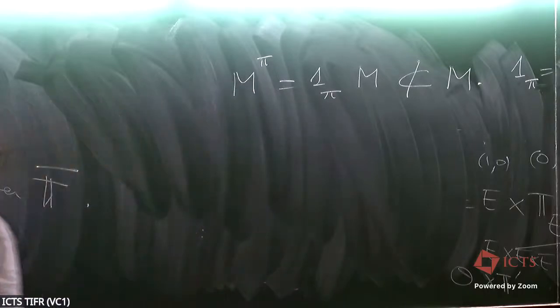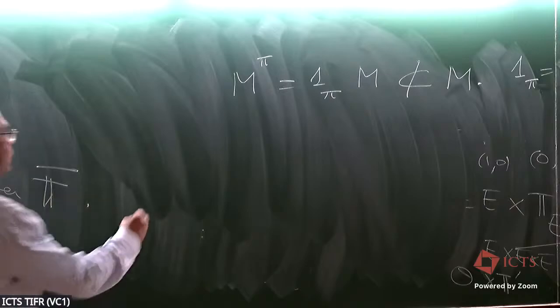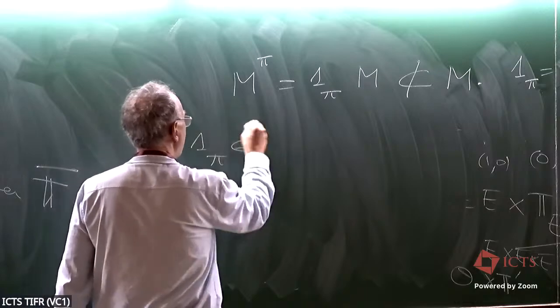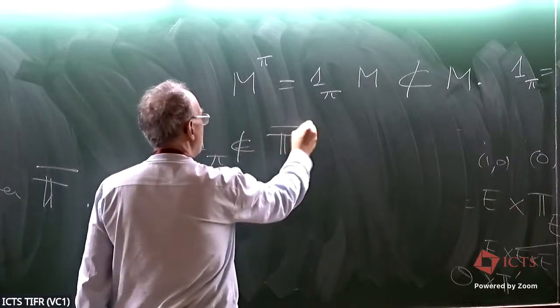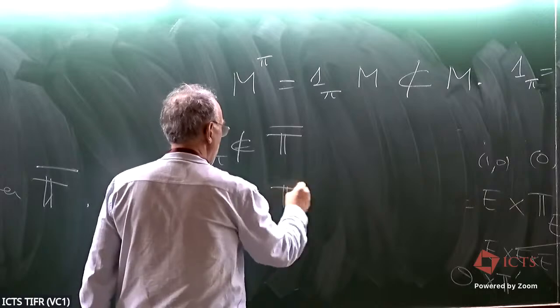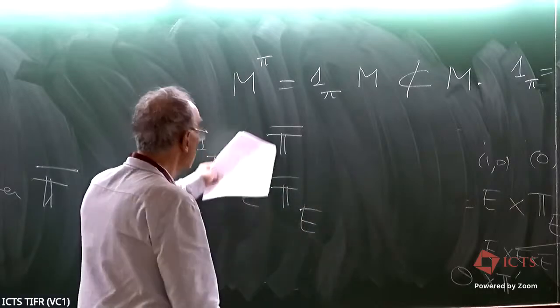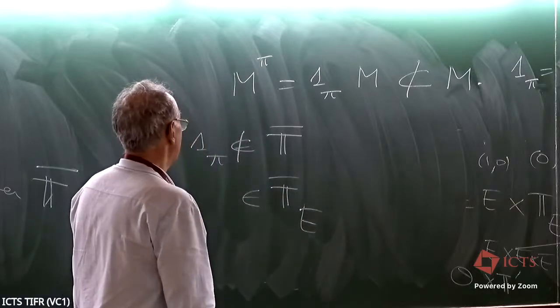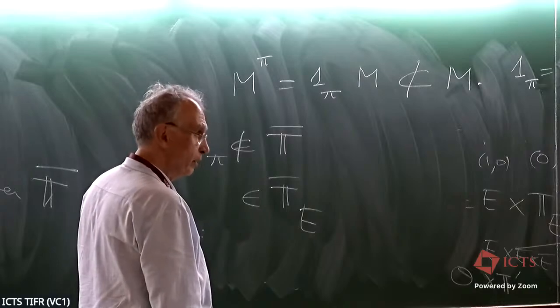This idempotent makes sense when you tensor by E, but it is not an element of the integral T. It is an element of TE. And there is a denominator. This denominator, by the way, is eta pi.